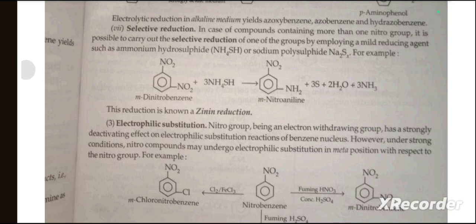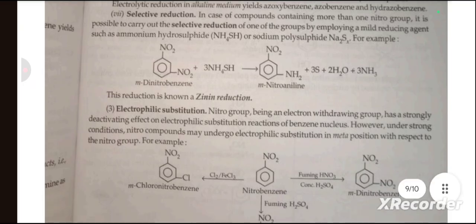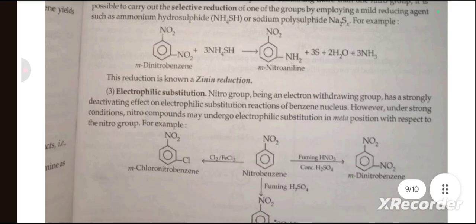Selective reduction. In case of compounds containing more than one nitro group, it is possible to carry out the selective reduction of one of the groups by employing a mild reducing agent, such as ammonium hydrosulfide or sodium polysulfide, Na2Sx.